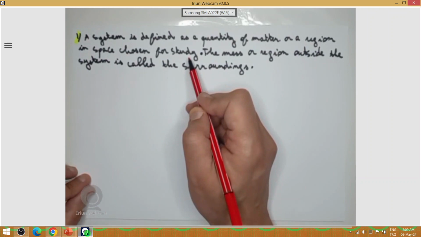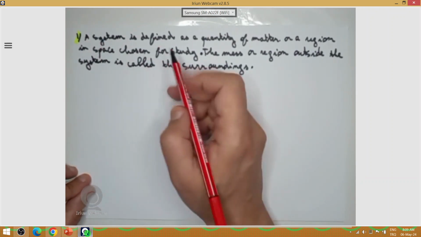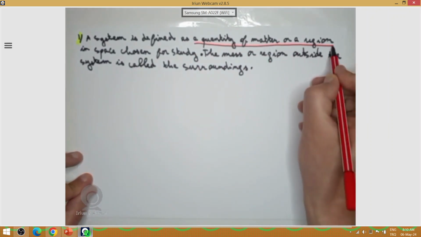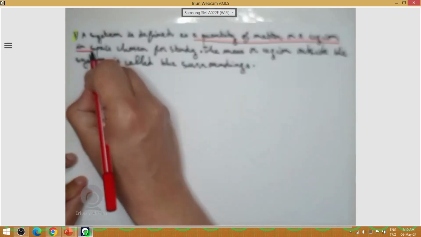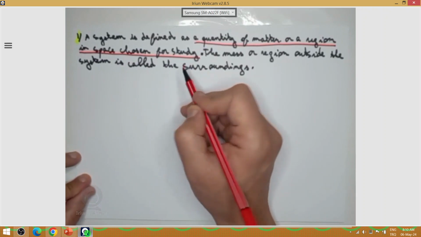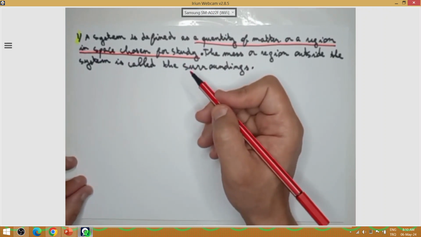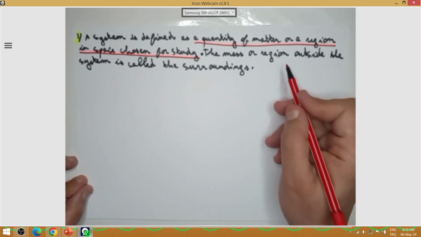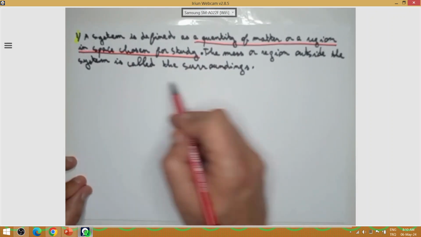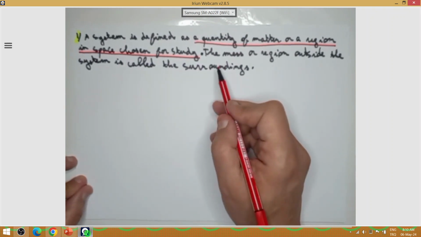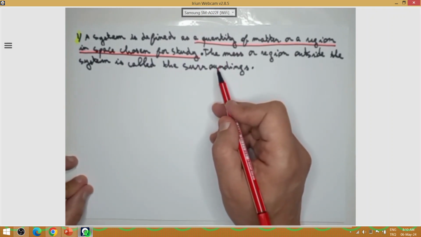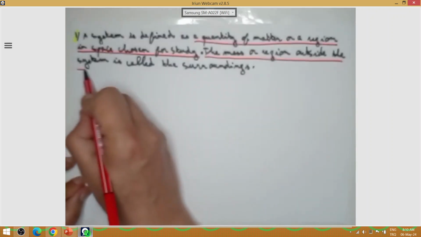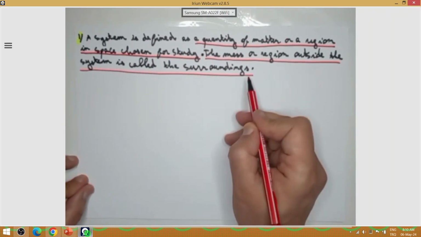So this is a definition for a system. Also, we can say that the mass or region outside the system is called the surroundings.